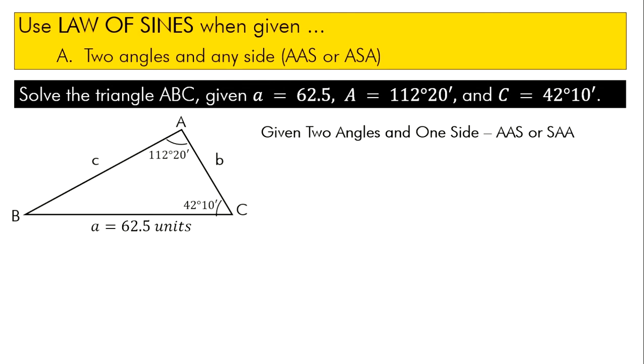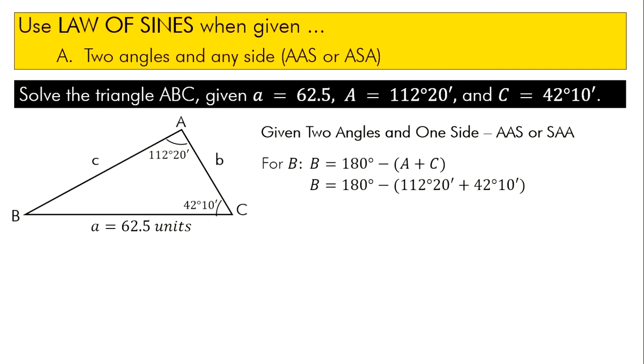So all we need to do is subtract the sum of angle A and angle C from 180 degrees. So 180 degrees minus 112 degrees 20 minutes plus 42 degrees 10 minutes, and the result is 25 degrees 30 minutes. So we now have the angle B.